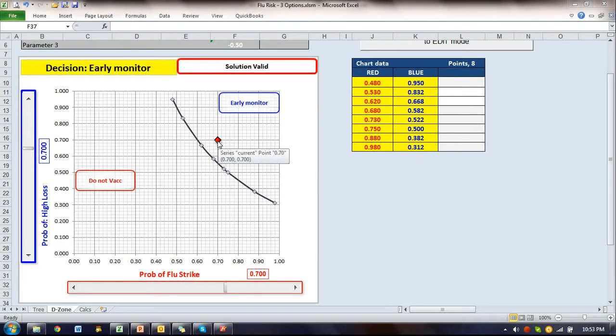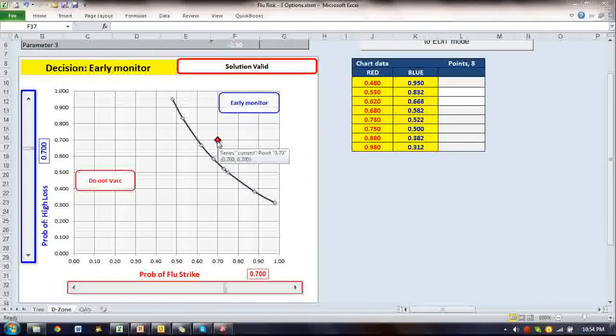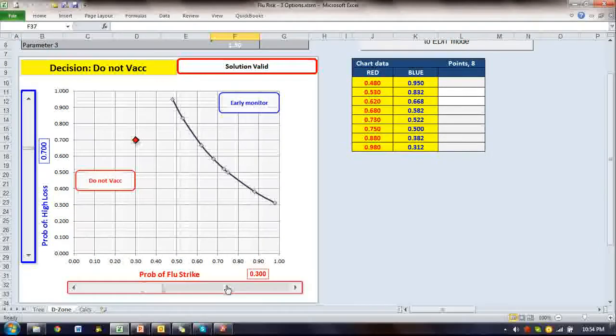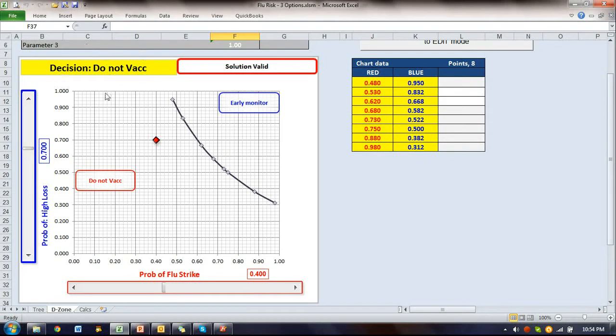What this chart shows is that even though we start at a 70% assumption of probability of flu strikes, even if the probability is just 60%, we should continue with early monitoring. It's only when this diamond pointer crosses to the other side that we should actually consider the do not vaccinate option. The decision is to do not.